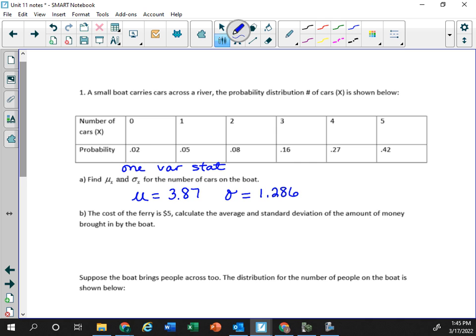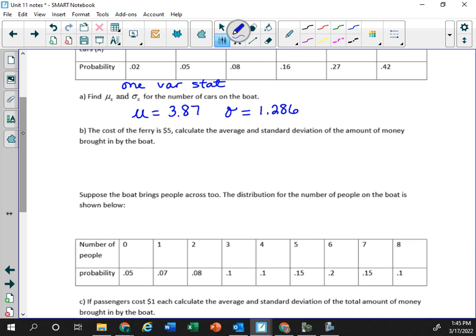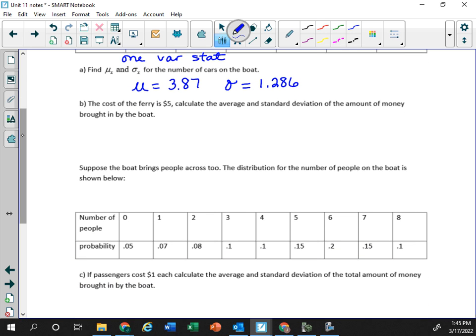All right, cost of a ferry is $5. Calculate the average and standard deviation of the amount of money brought in by the boat. What do you think we're going to do with that $5? Yeah, we're going to multiply it. It's saying you average 3.87 cars per trip.